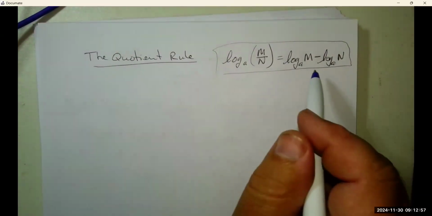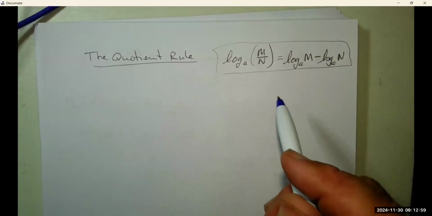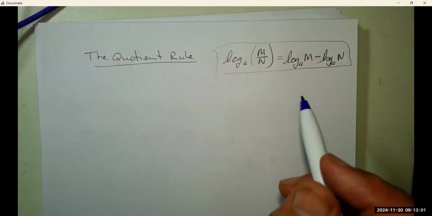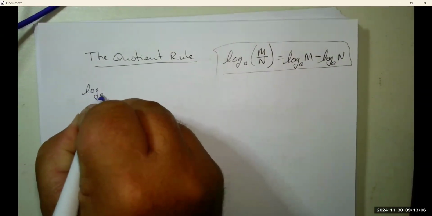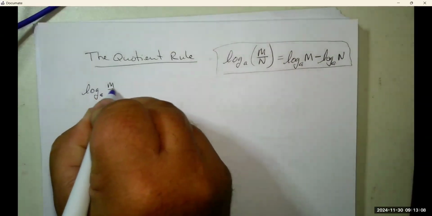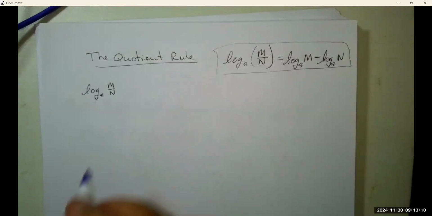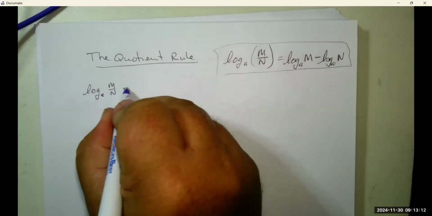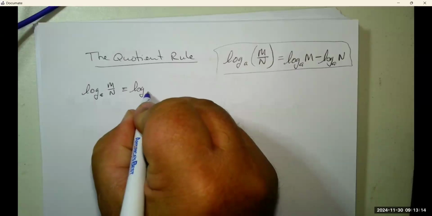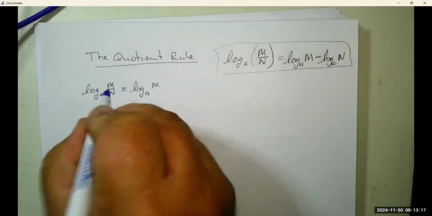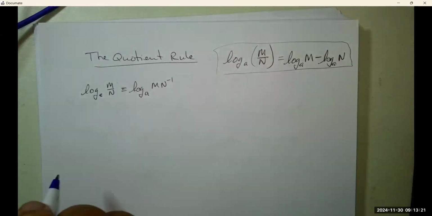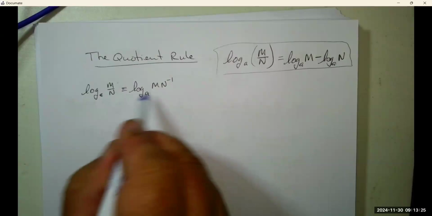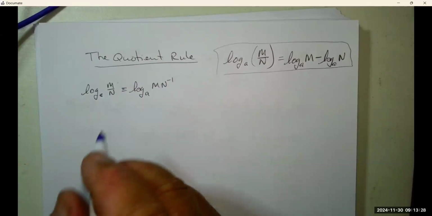Actually, this rule is made up of the other two rules, and I'll show you. Log base a of m divided by n. I can rewrite that as log base a of m times n to the power of negative 1. To bring this n on top, all I have to do is change its exponent. Instead of making a fraction, I can put them up like this.